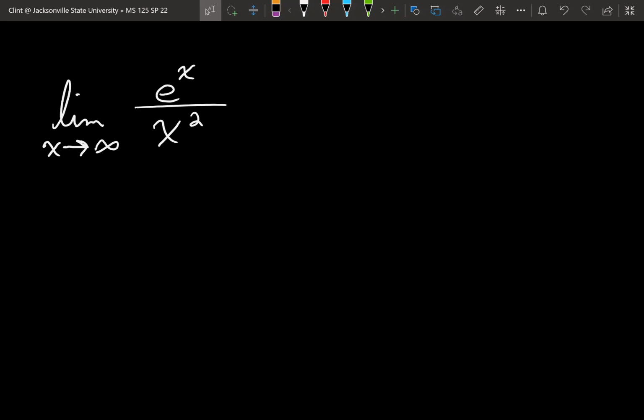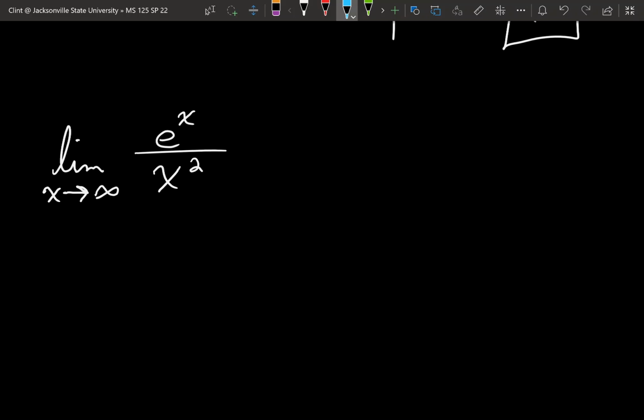So the bigger the x values, the bigger e to the x is. We look at the denominator. As our x values get bigger, what's going to happen to x squared? It goes toward infinity as well. So in this case, we're in infinity over infinity indeterminate form.